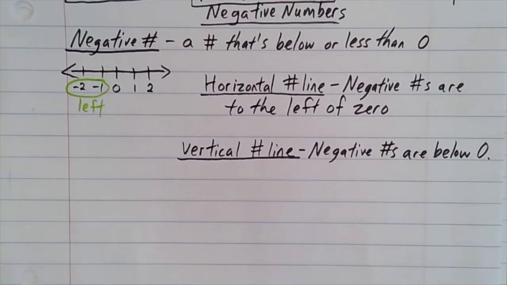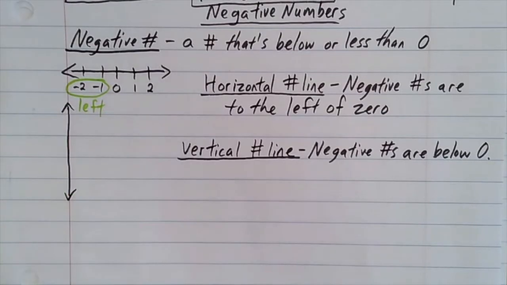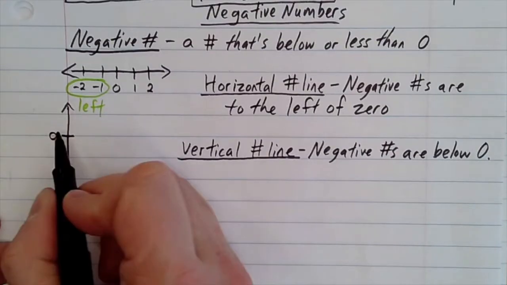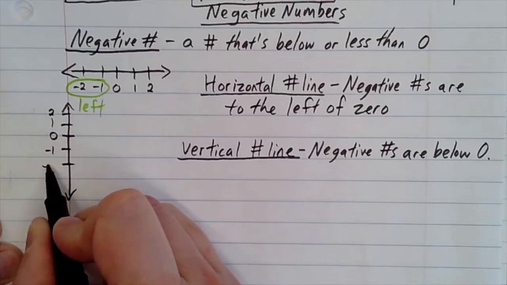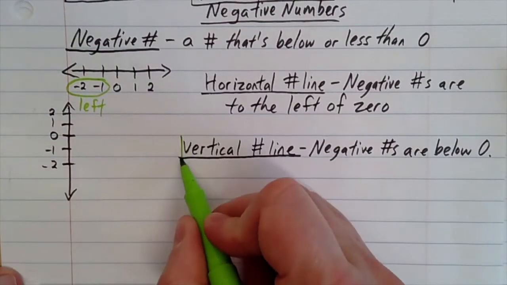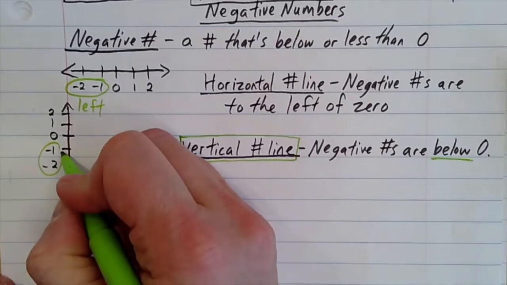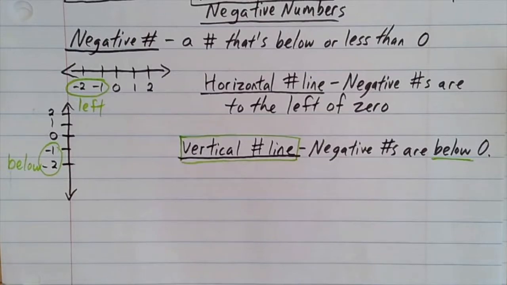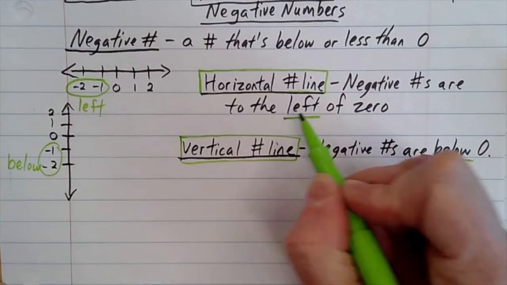And I'm going to draw that right over here. If I were to draw a number line over here, maybe put 0 right here at this tick. Going up would be 1 and then 2. Going down, you've got your -1, -2. So your negative numbers on a vertical number line, they are below 0, and that would be here. And on the horizontal number line, they're to the left of 0.